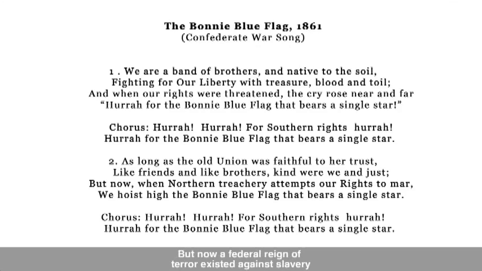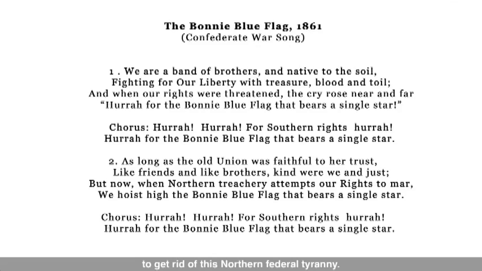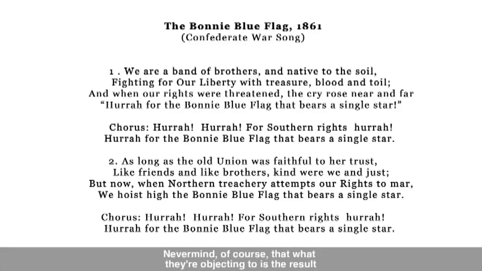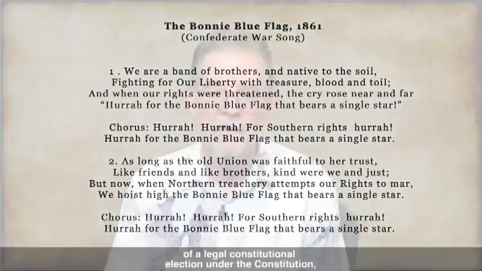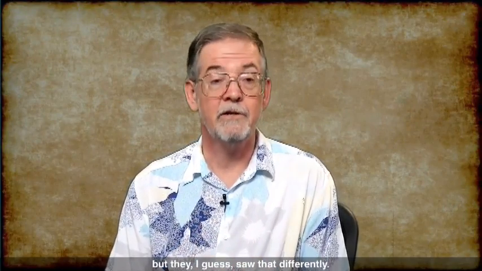But now, a federal reign of terror existed against slavery and, of course, all Southern rights. And Southerners were saying they will fight to get rid of this Northern federal tyranny. Never mind, of course, that what they're objecting to is the result of a legal constitutional election under the Constitution, but they, I guess, saw that differently.